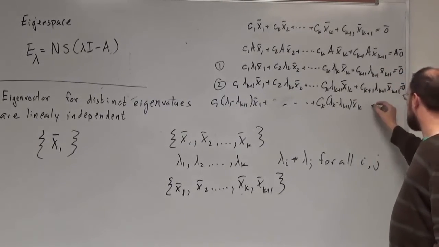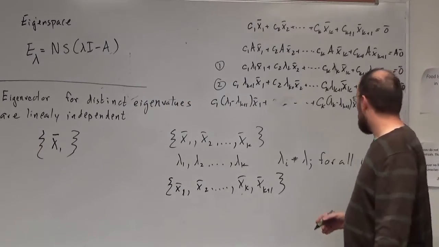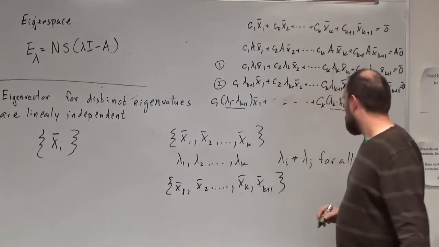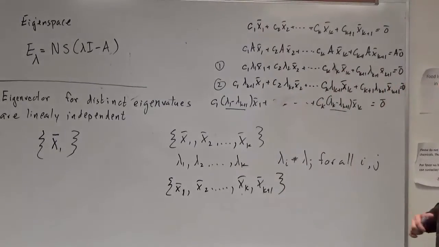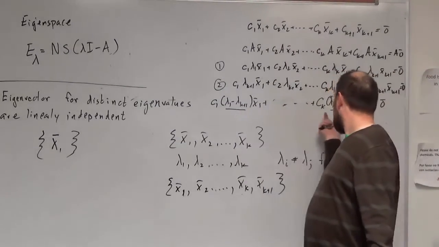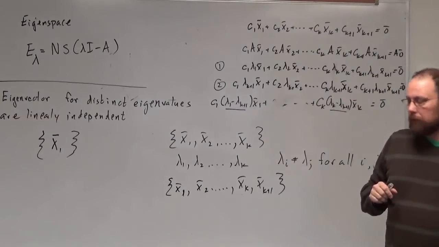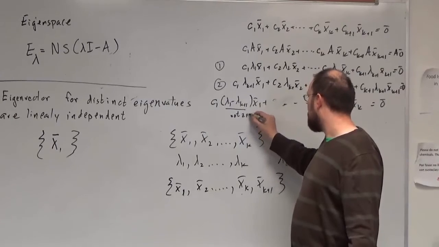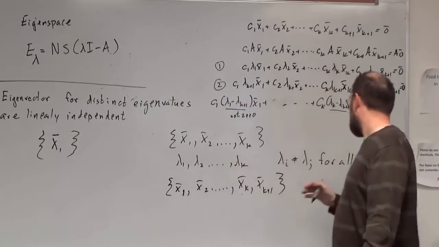It's exactly the same term. So what do you know about these differences? Well, because we have distinct eigenvalues, these differences are never 0. So we have non-zero numbers, non-zero because the eigenvalues are assumed to be distinct from each other.